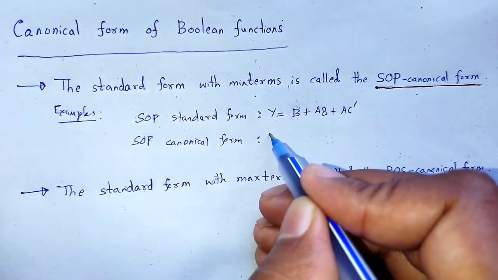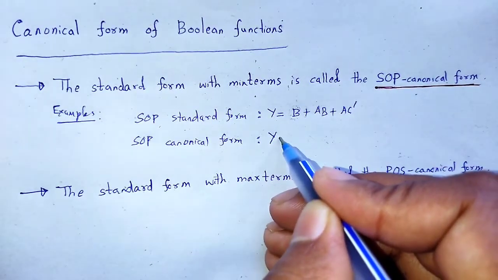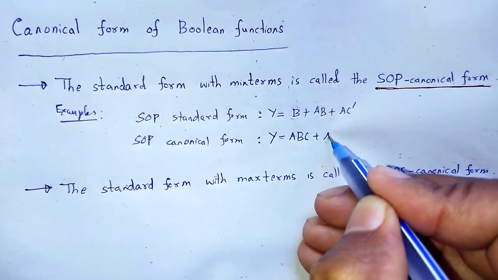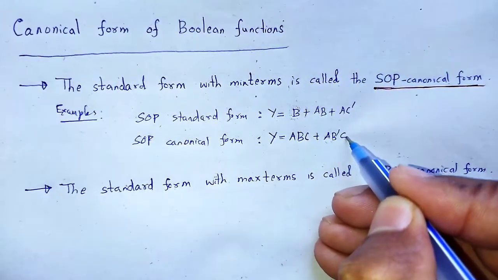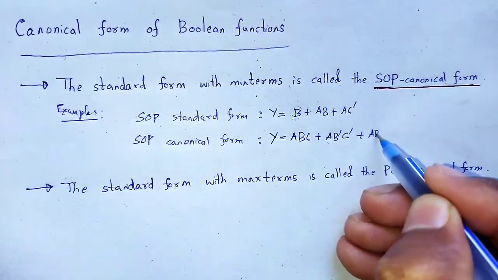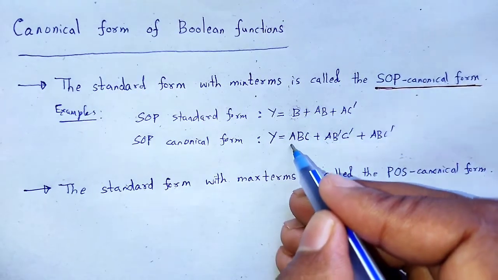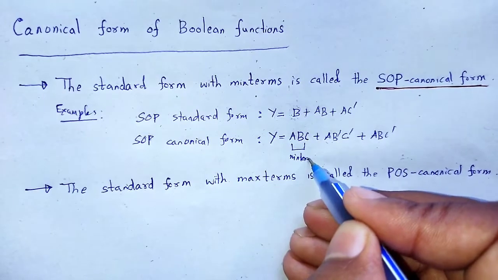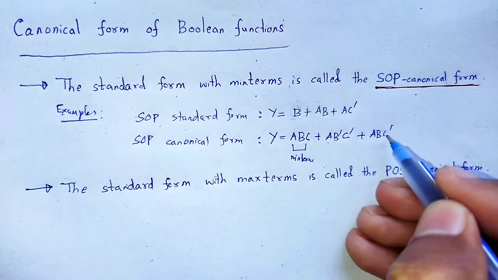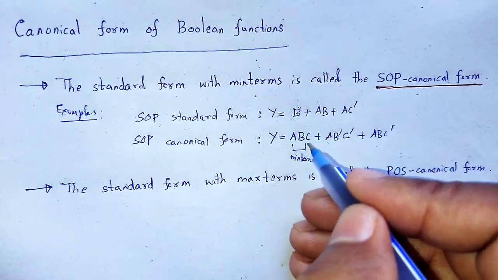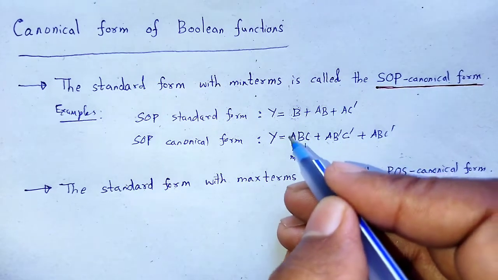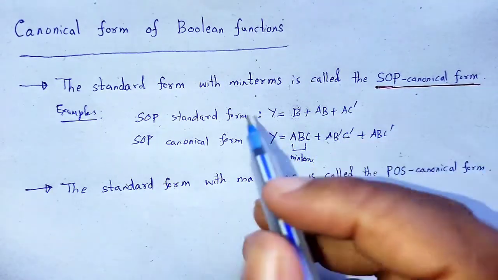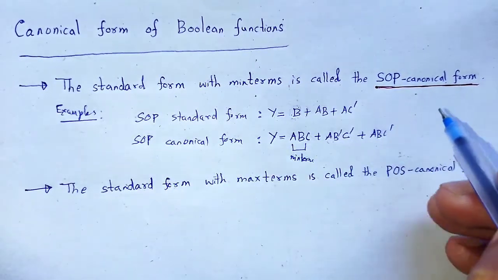We clear this by an example: y equal to a b c plus a b dash c dash plus a b c dash. Look here, each is a min term, and each has 3 variables, so it is said to be SOP canonical form.